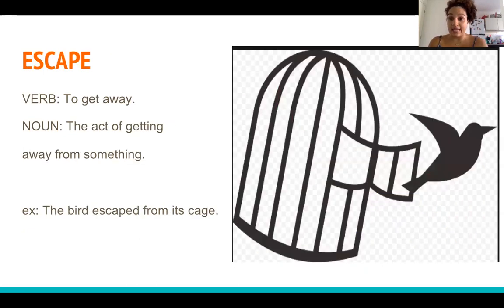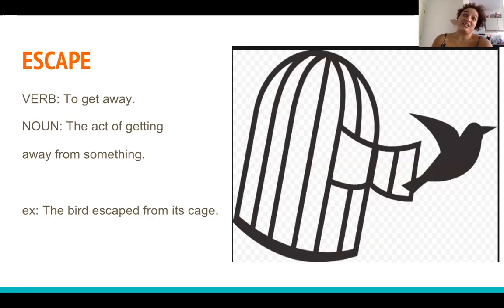Next word, escape. Okay, can you repeat with me 3 times? Escape, escape, escape. Escape can also be a verb or a noun. To escape means to get away. For example, in this picture, the bird escaped from its cage. Or we can say many people are trying to escape their houses and break the quarantine.